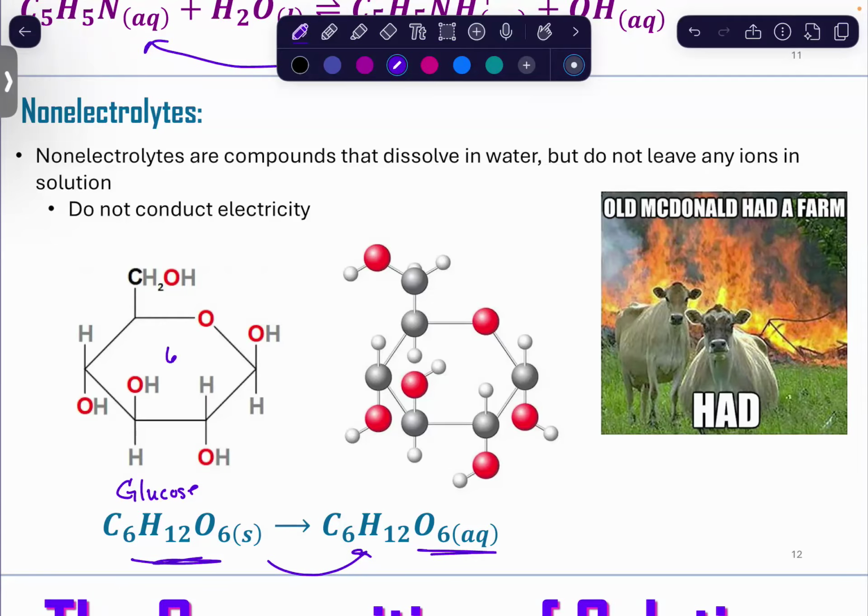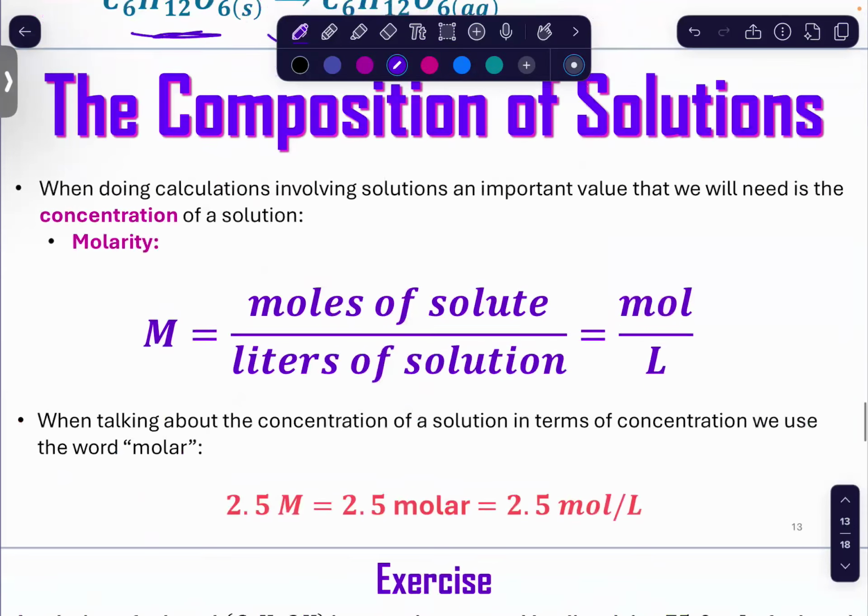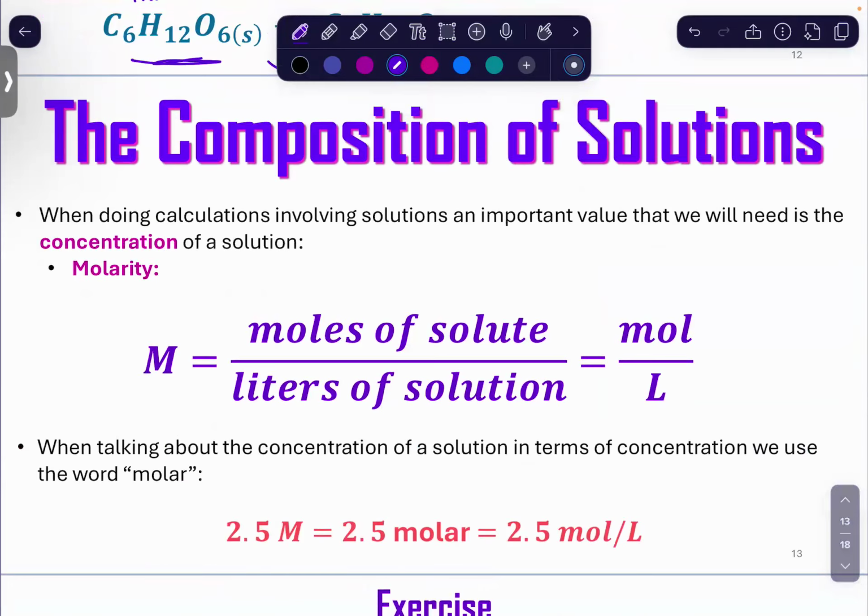All righty. Now, this is a concept you really want to start wrapping your mind around. So, composition of solutions. One of the ways we can look at that is through a concept known as concentration. Concentration is going to be predominantly represented as molarity, and you want to make sure you get this down.